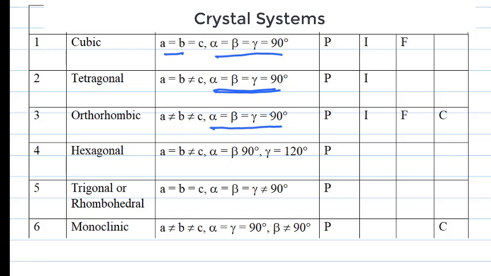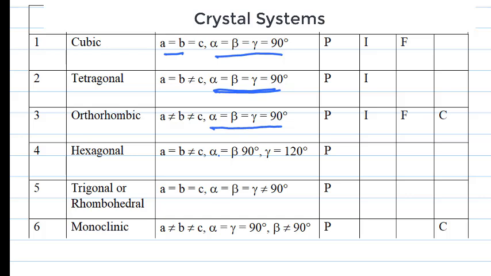Then we have hexagonal, where A is equal to B, but it's not equal to C. Alpha is equal to beta, and that is equal to 90 degree, whereas gamma is 120 degree for the hexagonal structure.